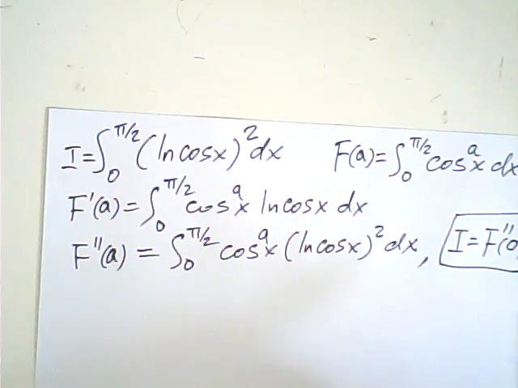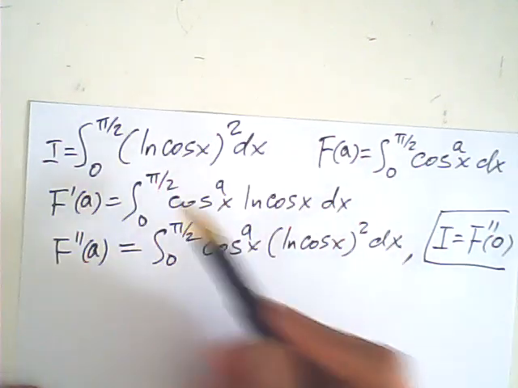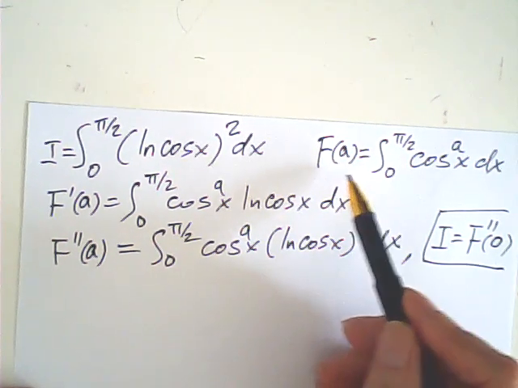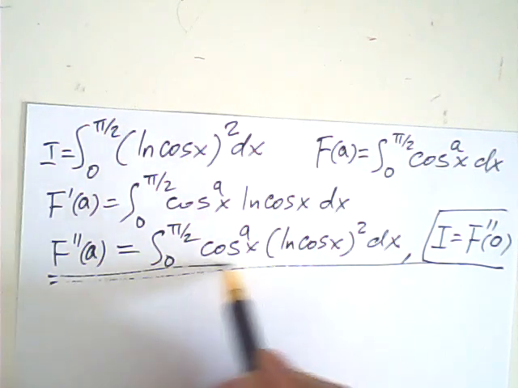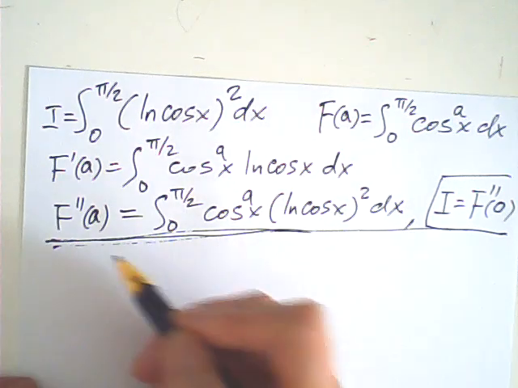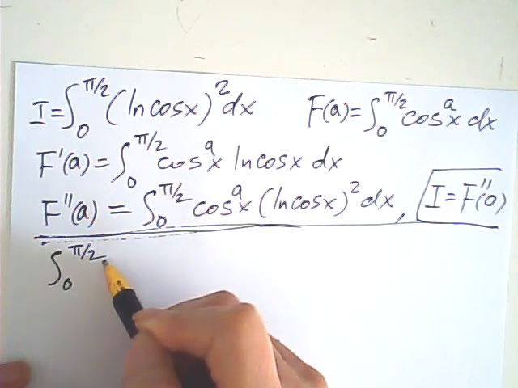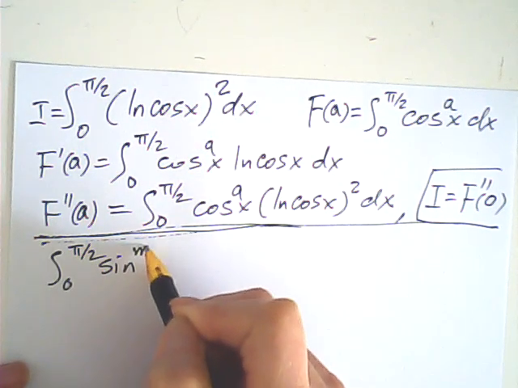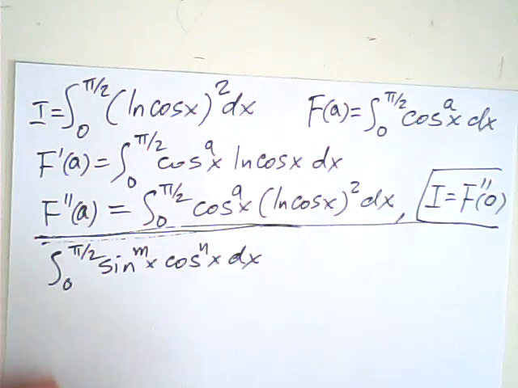Okay, so now it becomes a matter of finding f of a. Instead of doing this integral, we are looking for the f of a. Now I start with this integral, sine mx cosine nx dx.